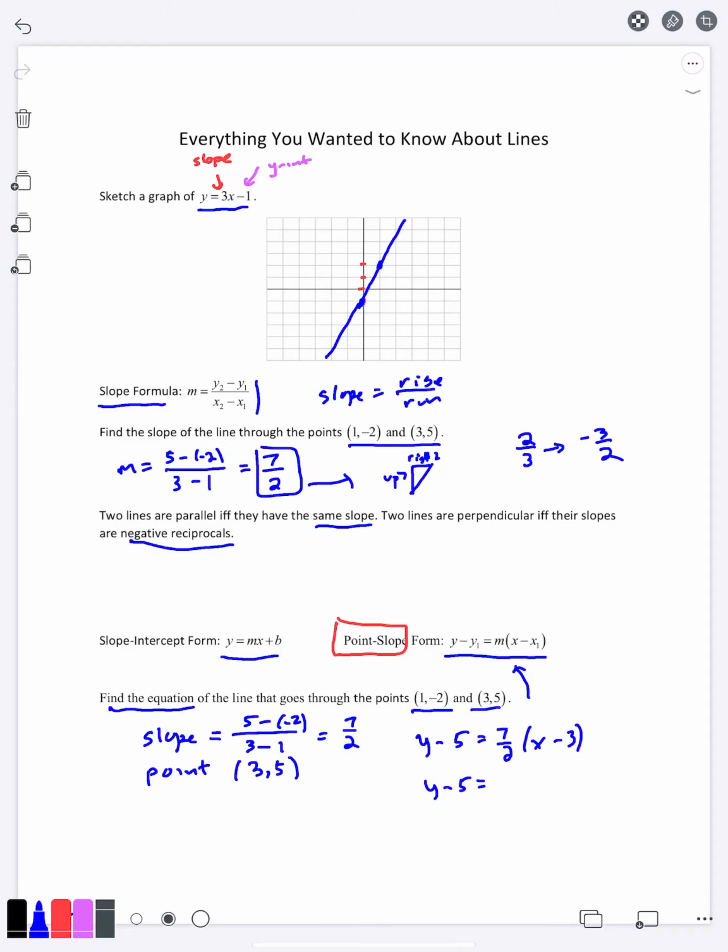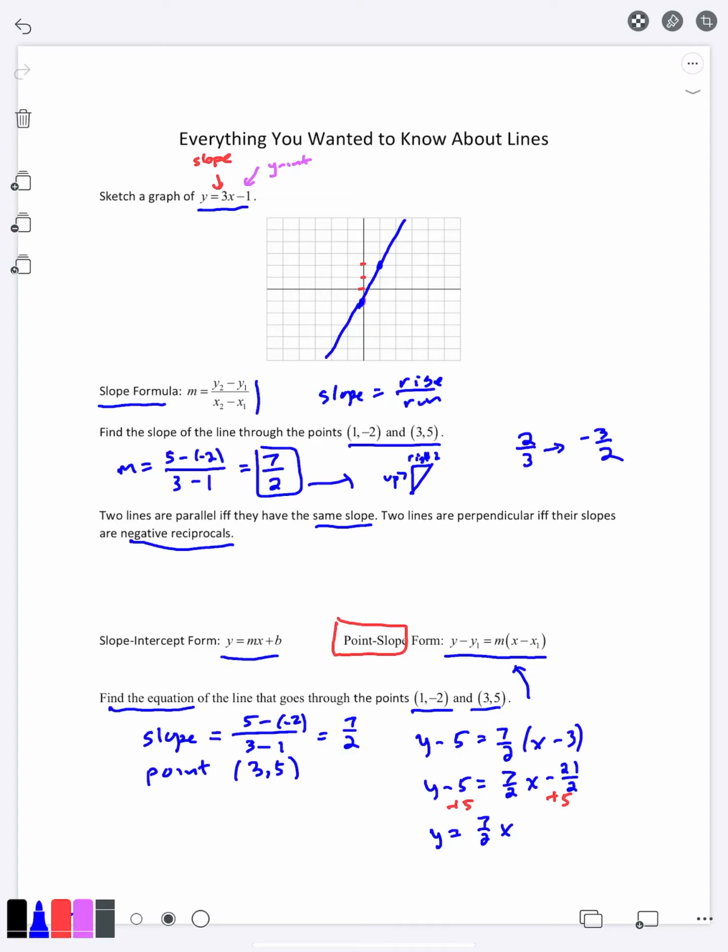I'm going to go ahead and simplify this. I'll distribute the 7/2 in. That's going to be 21 over 2. And then I'm going to add 5 to both sides. As I said, we like to have it in the slope-intercept form. We'd like the y to be by itself. So we'd have 7/2 x, and then let's see here.